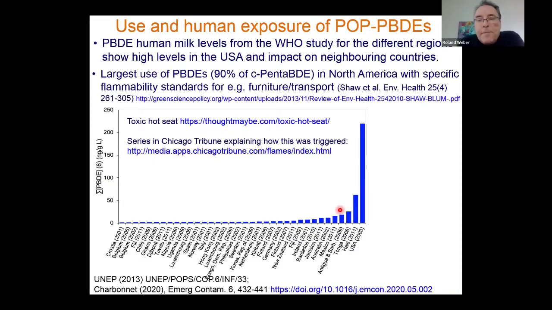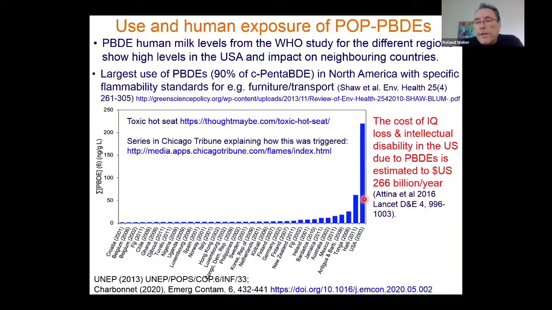The reason is that most of the PBDEs we find in humans come from the commercial penta-BDE. It is the most bioaccumulative, and it also has the most facilitated exposure because it can migrate and has some volatility. 90% of the commercial penta-BDE has been used in the United States and North America. Therefore the level in the human milk is that high.